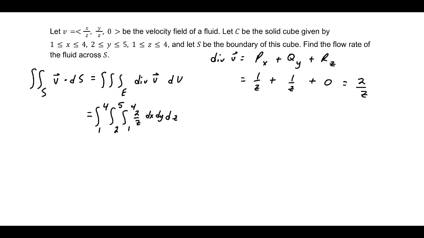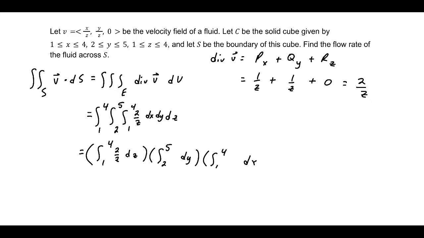Now, because we have some independent functions here, I'm going to write this as the integral from 1 to 4 with respect to z of the function 2 over z, multiplied by the integral from 2 to 5 with respect to y of the function 1, multiplied by the integral from 1 to 4 with respect to x of the function 1.